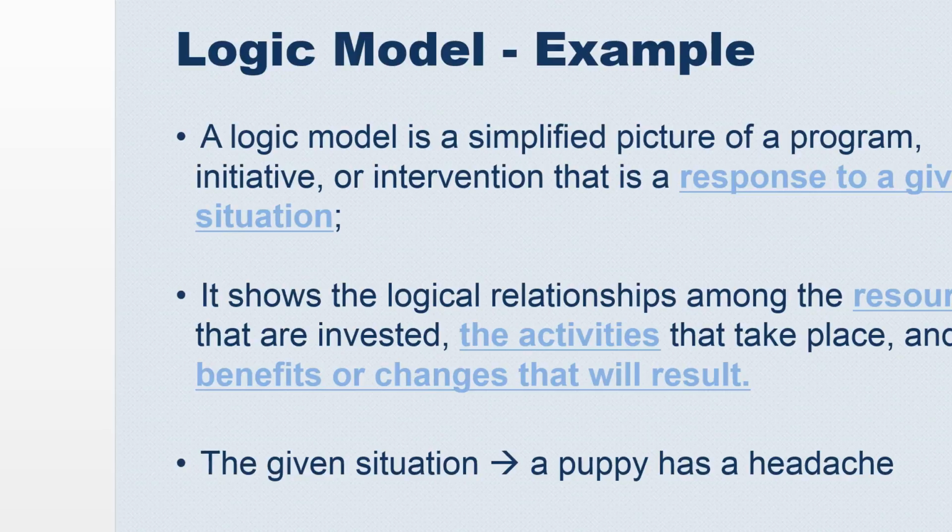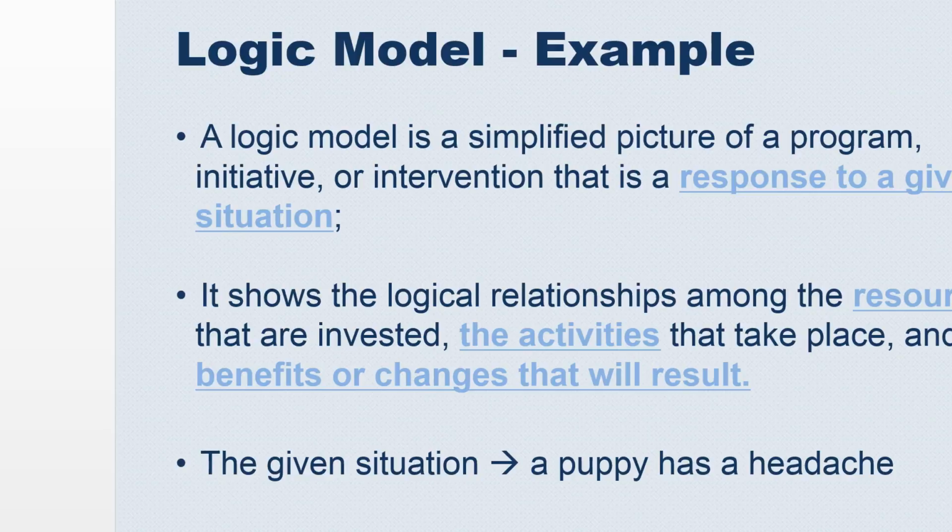So let's go with a very simple example. A puppy has a headache. So let's think about the situation, the resources, the activities, and the results. Okay, so the situation is that the puppy has a headache.